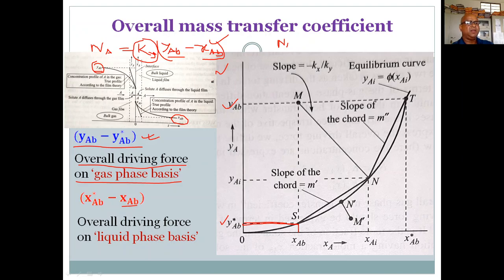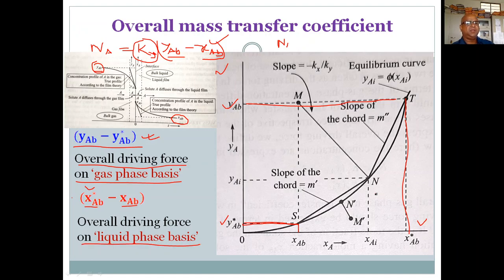So whatever the Y_AB is, I will go to this equilibrium curve, and the corresponding concentration is my X_AB star. What is this X_AB star? It is the equilibrium concentration of Y_AB. So here I am converting Y_AB in terms of X_AB star. So this is the overall driving force, but it is on a liquid phase basis.